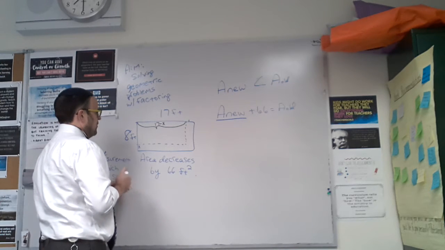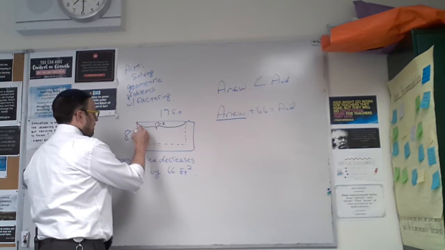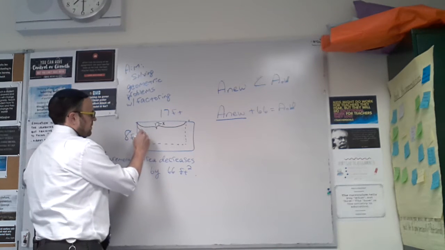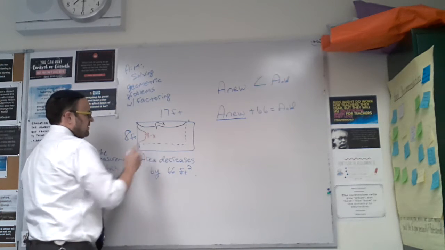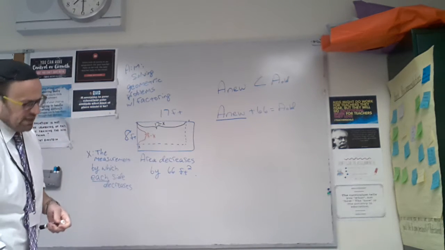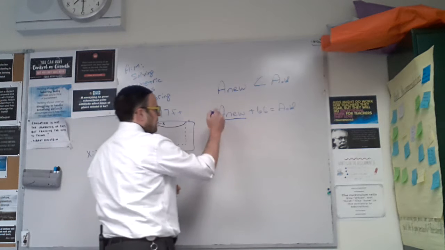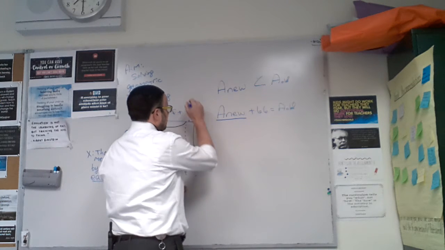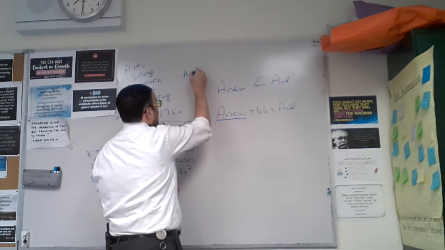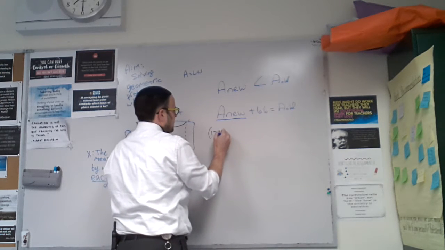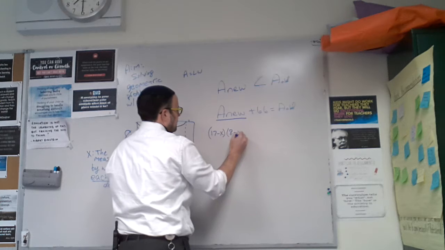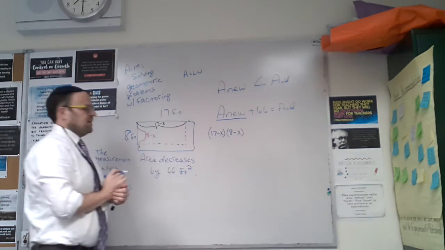Similarly, for the width, I had 8, I took away x. Now my dimension is 8 minus x. So what's my new area? Remember, area is length times width. So my new area is 17 minus x times 8 minus x.